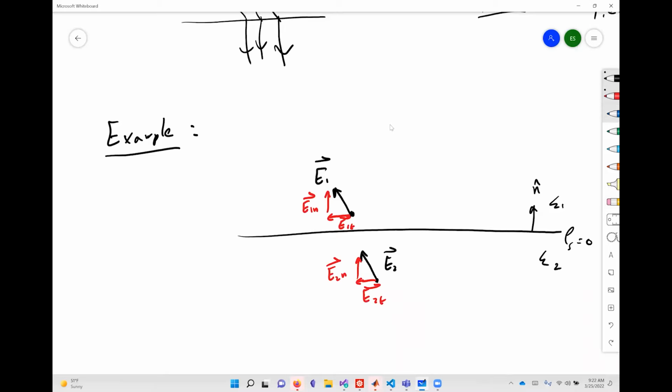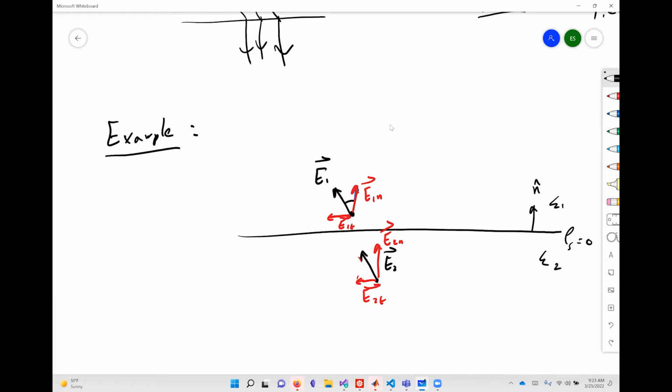Now, actually, let me draw it differently. Let me have this be E1n, and let me have this be E2n. The idea is that I want to put the angle with respect to the normal component.